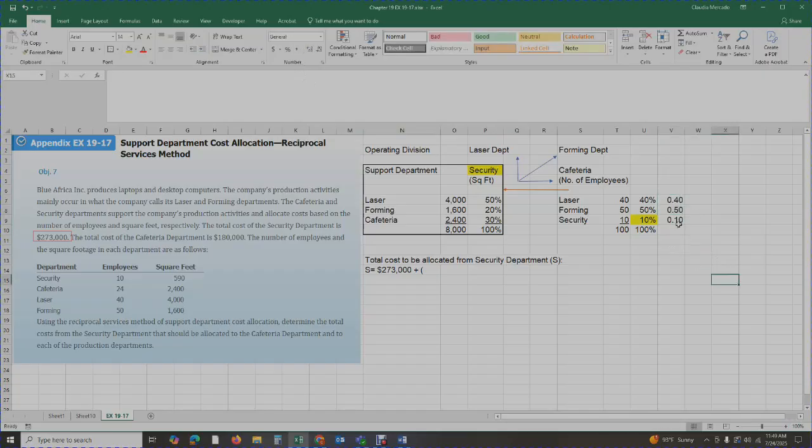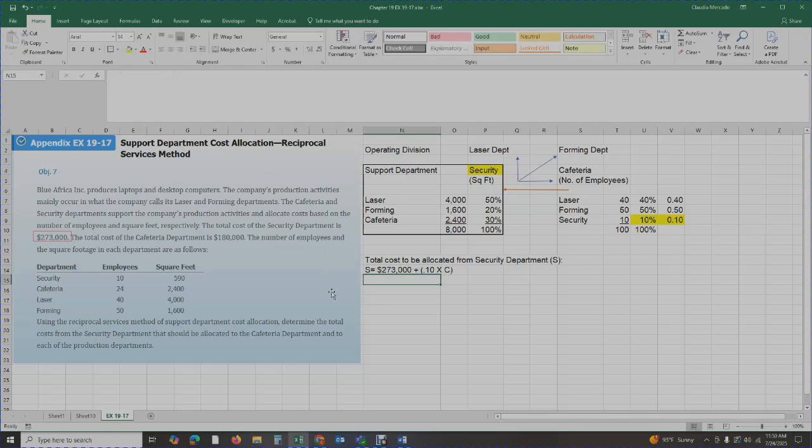So we're going to use that in our equation because we're going to get the total cost of the security department and add the portion that the security department is going to get from the cafeteria. So we're going to do the 0.10 times the cafeteria. C is for cafeteria.